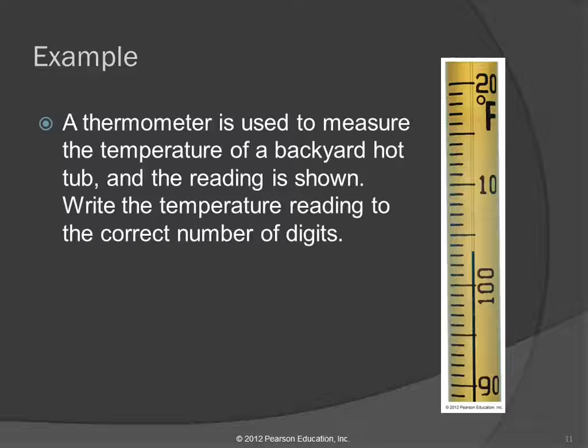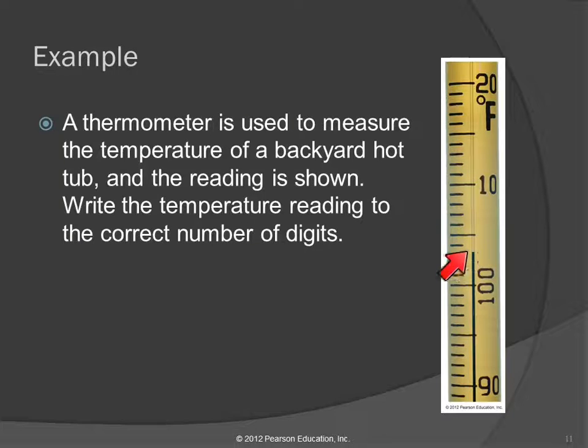Well, we have to look at the measuring device and see what those smallest divisions represent. Here's 100, and up here this is 110. So each of these lines then represents what? 1 degree. That means that we're going to estimate to the next place, the 10th.